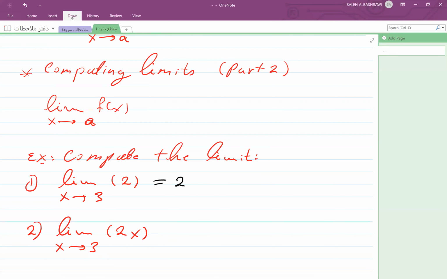This gives 2 multiplied by 3, which is equal to 6. For a polynomial, there is no need to check the left limit or right limit. If I have a polynomial, the limit always exists when x goes to a finite number. So no need to check the left or right to say whether the limit exists or not. One more example.